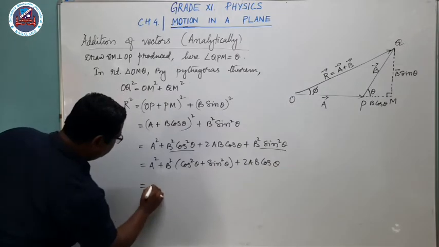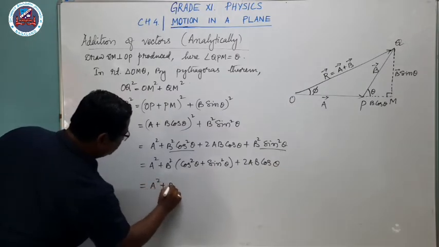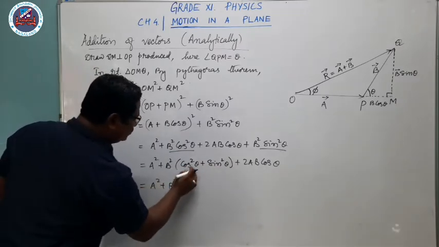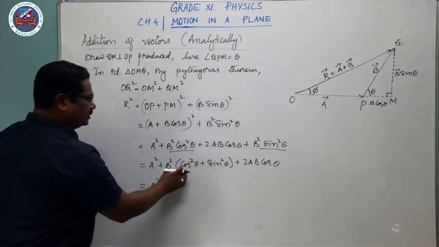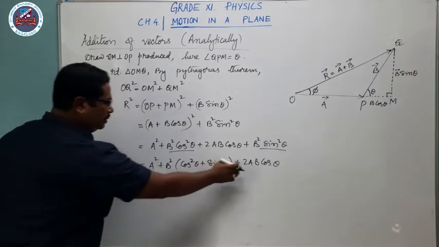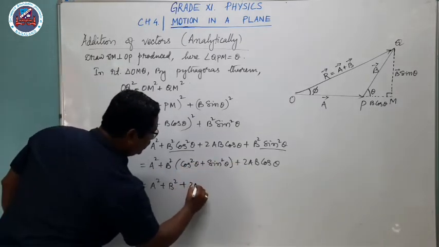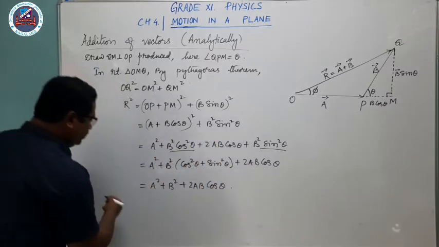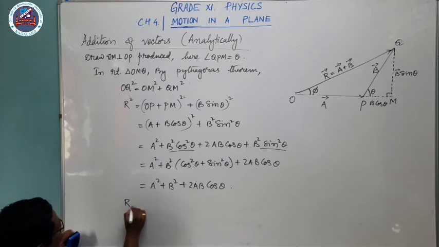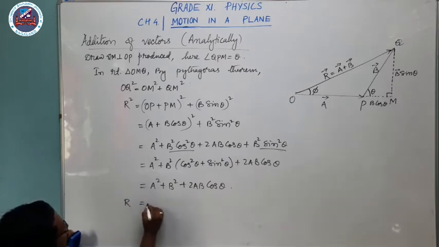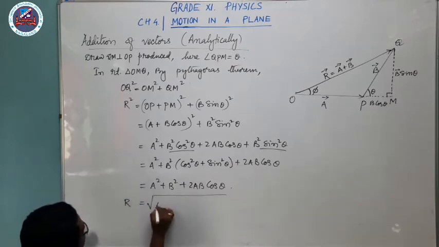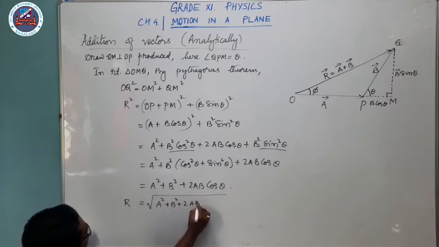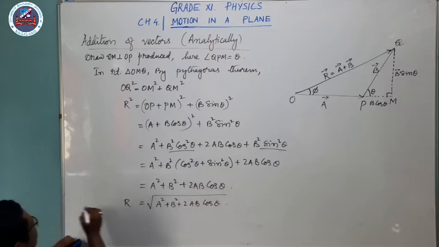Sine square theta plus cos square theta is one, a trigonometric identity. Removing the square, the magnitude of R is the square root of A square plus B square plus 2AB cos theta.